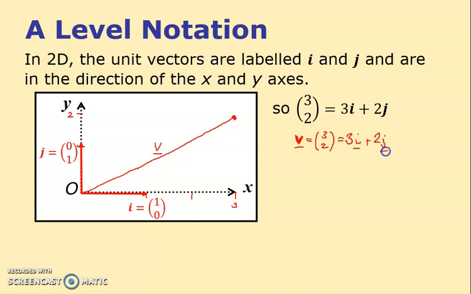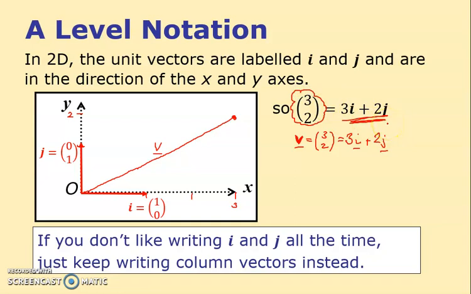And notice I'm in the habit of putting these lines underneath, but you'll probably get away without them, so I wouldn't worry about them too much. So 3i plus 2j. And all vectors effectively can be written in this new version of how many across, how many up, which we've seen before. But rather than write them in this bracket form, we can write them as so many i and so many j.